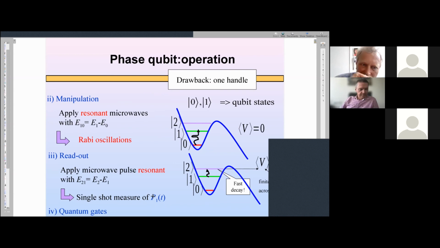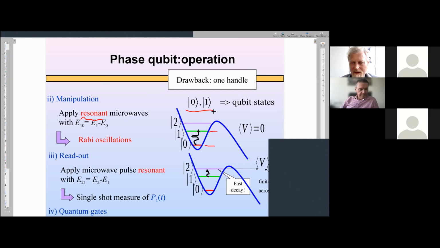You apply a pulse of resonant microwaves, in resonance with this energy difference, and by changing the duration of the pulse, one can rotate qubit states to any superposition. All right, you can rotate this, but you also want to check whether you rotated it correctly. You want to prove that your qubit works. So how to read out?